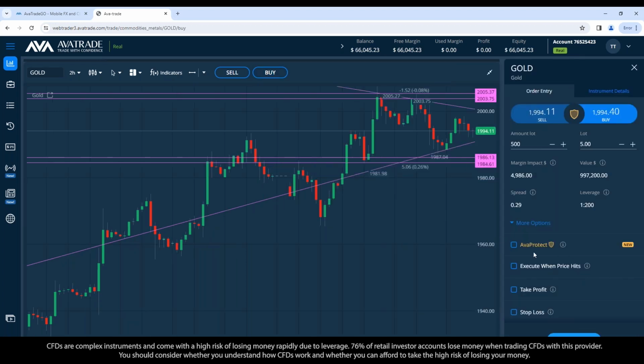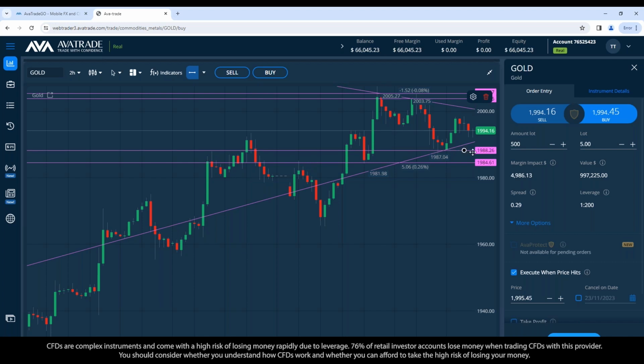If I want to do a buy pending order, I would do execute when price hits. If I'm buying from the support down here, maybe around 1888, which would be, let me just slide the line up, 1888 would be right about there, okay? Buying from here. So, I'm sorry, 1988. 1888, we might be waiting quite a while for it to hit there. So 1988, buy if it hits 1988.